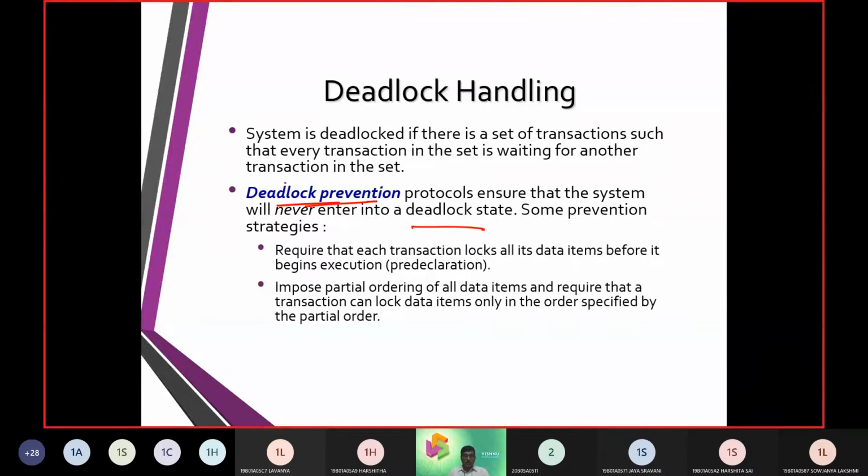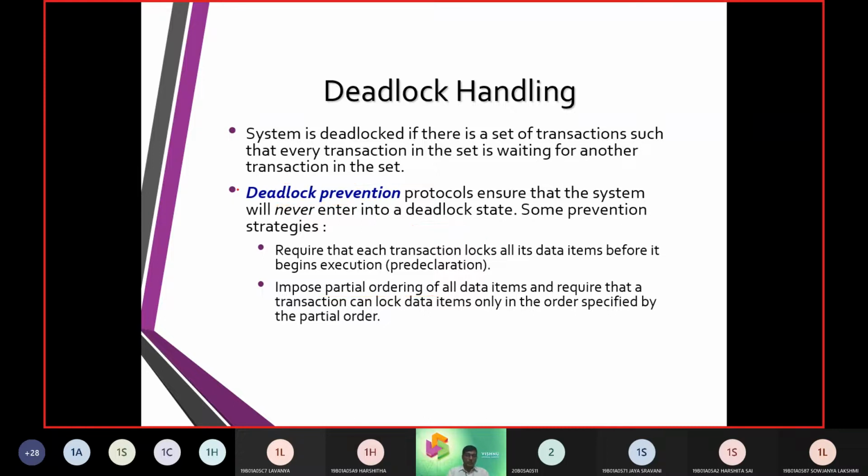So we must see that whatever transactions are there, all those transactions can be listed out, and whichever transactions are in a waiting state, whichever transactions are using the shared content, all that is going to be taken up, and we get a partial ordering, the order in which the locks can be handled.